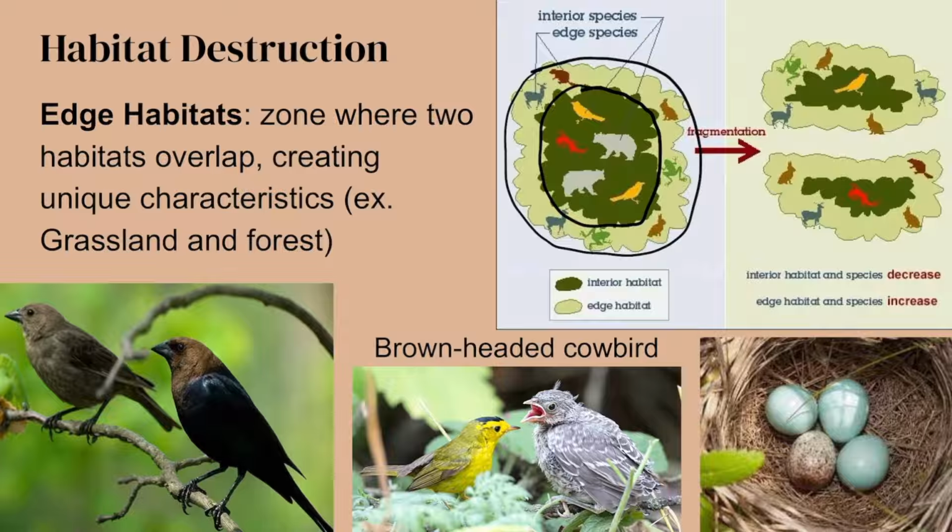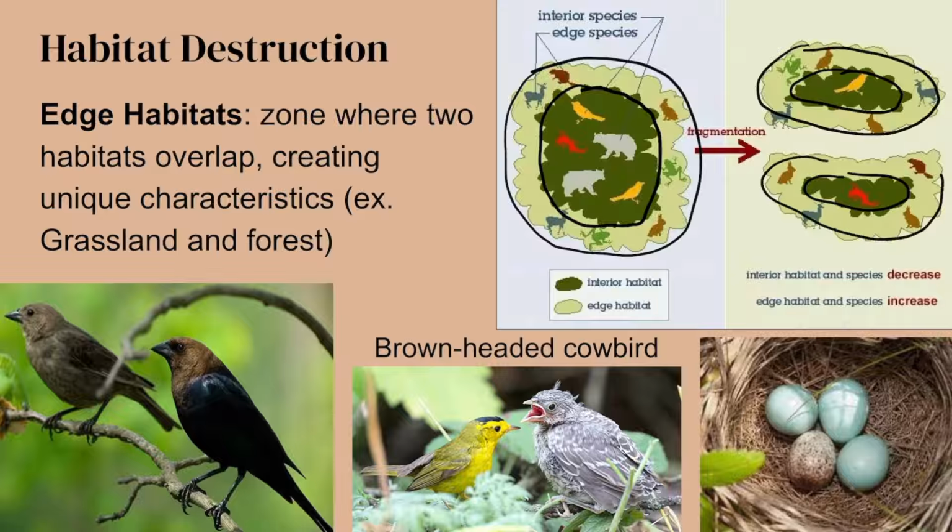When you see habitat fragmentation, what happens is these interior environments get much smaller, and we have more of these edge habitats because there's more surface area around each of those small fragments. So one example of an organism that thrives in an edge habitat is the brown-headed cowbird.